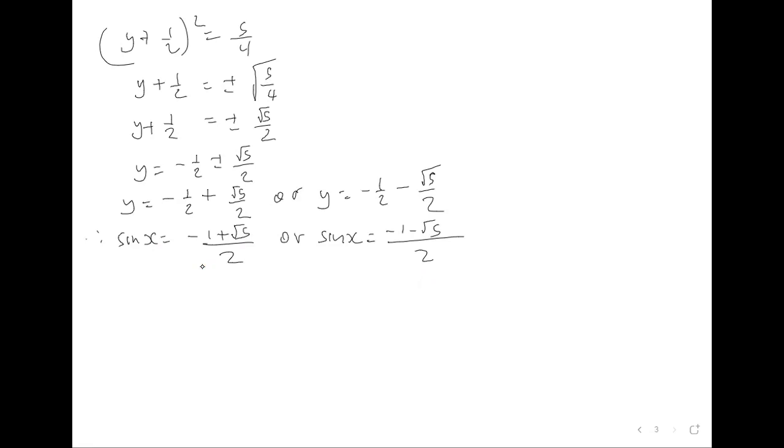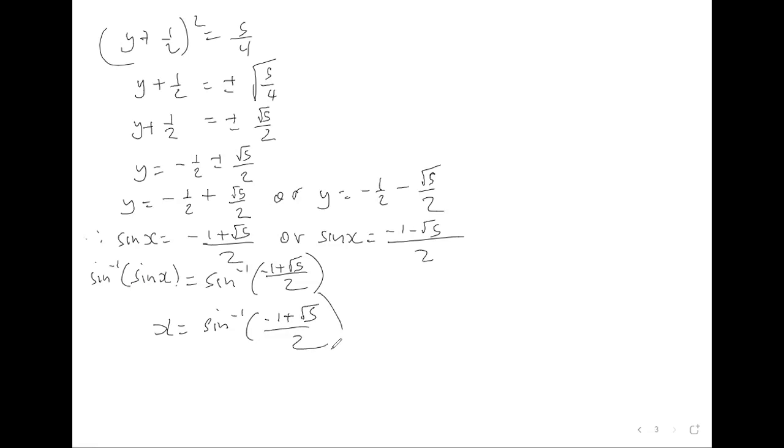So introducing sin inverse on both sides, we get x is equal to sin inverse of -1 plus root 5 over 2. Now you are not allowed to use calculators, so this is where you have to end.